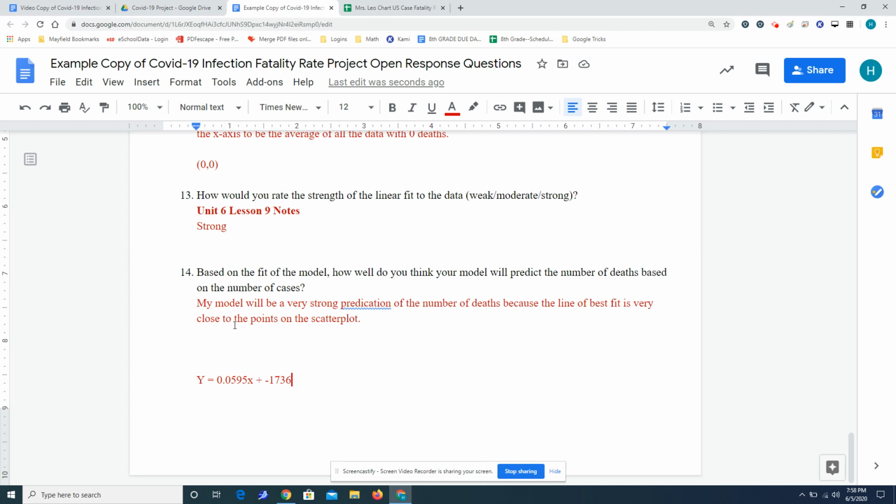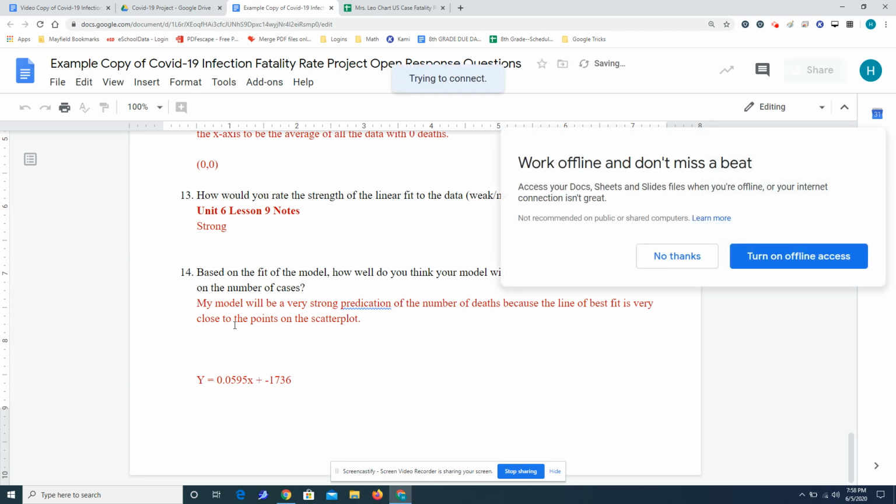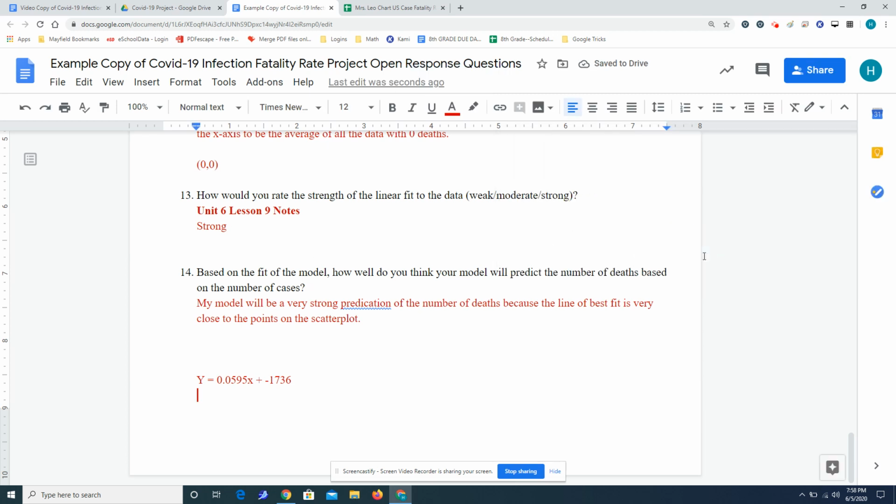So say, for example, I'd like to predict when the number of cases, or X, is equal to 1 million. How many deaths do I have?